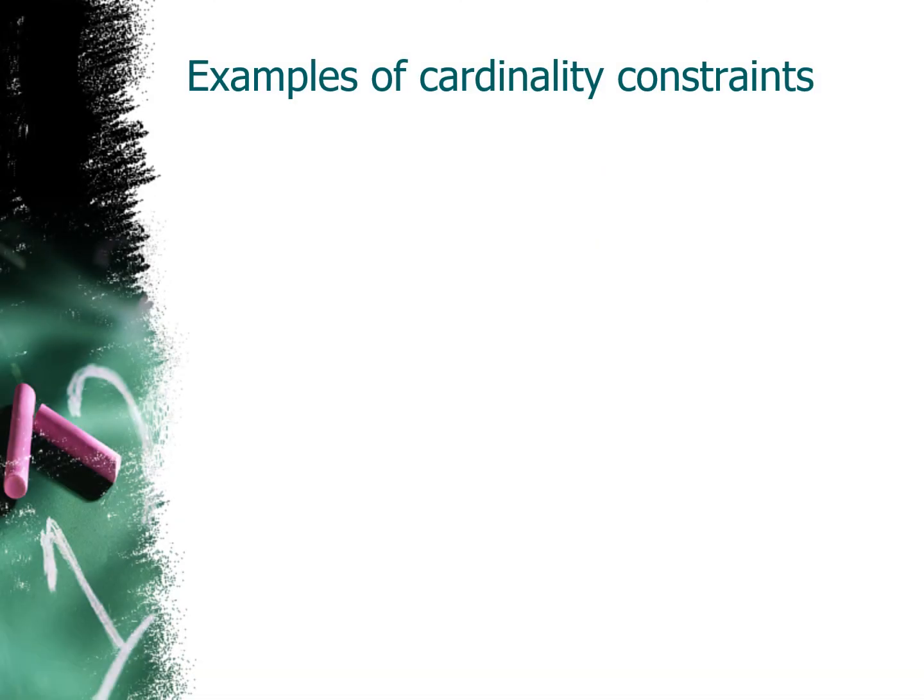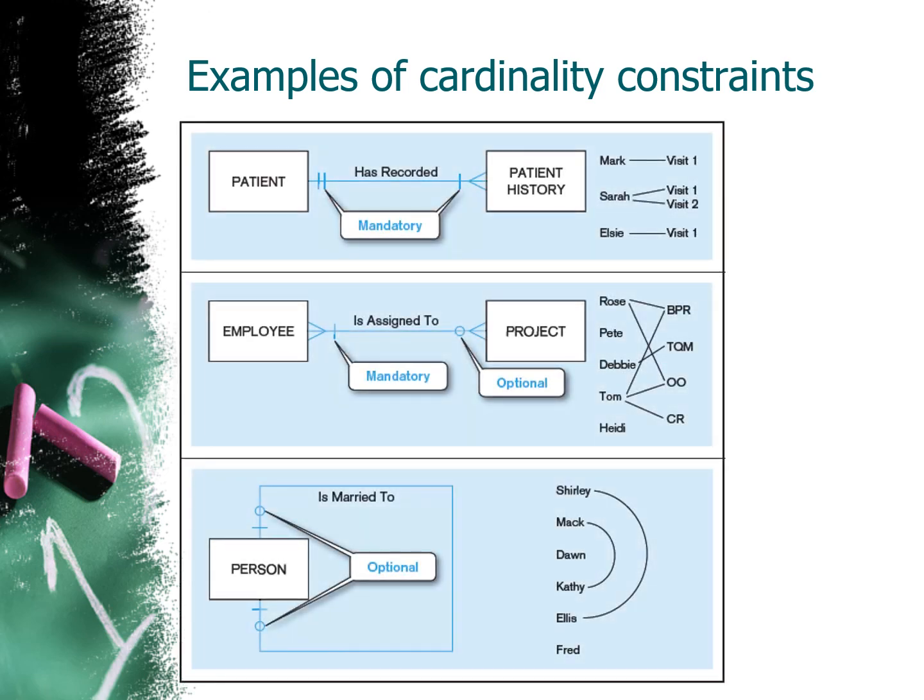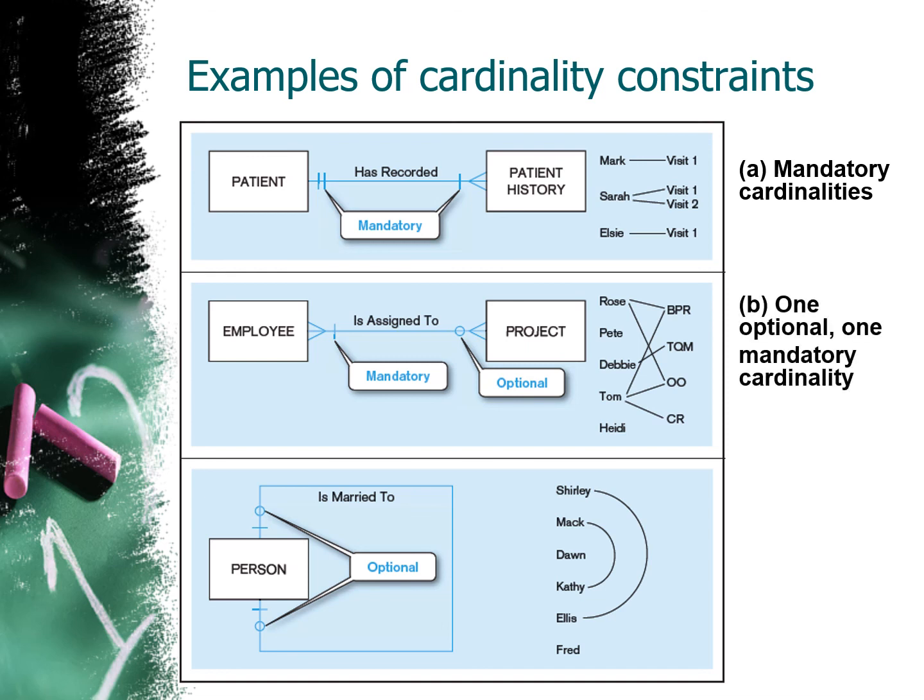So here are some examples of cardinality constraints. A patient has recorded patient history. So a patient can have a mandatory patient history every time a patient visits his or her doctor, and one patient history should always correspond to at least one and only one patient. Second, an employee can have 0 or many projects.